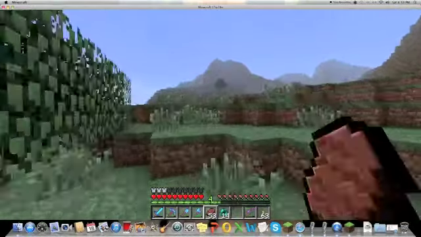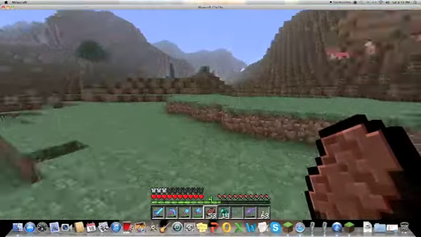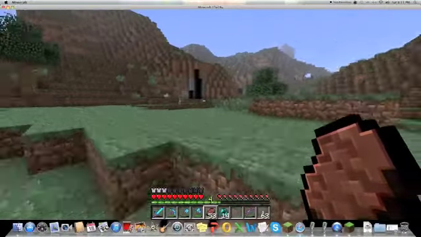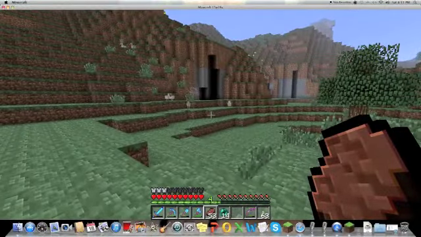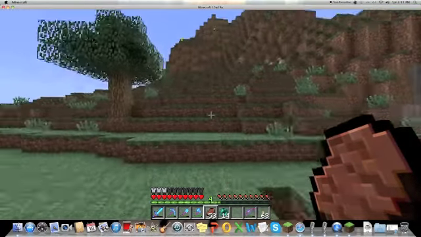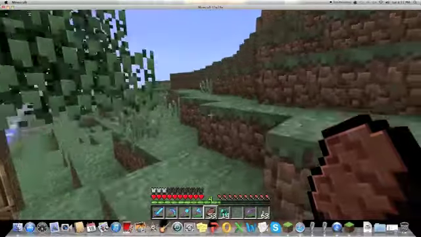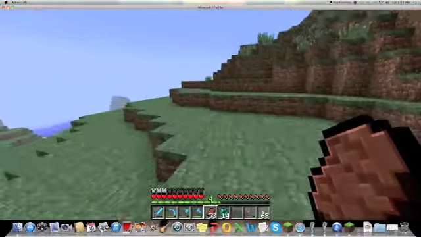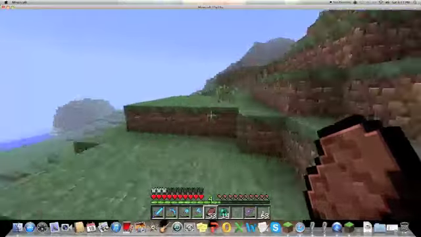But no horses, horses should be able to spawn right in all this. Those animals are. I'm in 13w19a. Now 13w stands for the 13th week that it's out, and 19a stands for the snapshot in the 13th week.